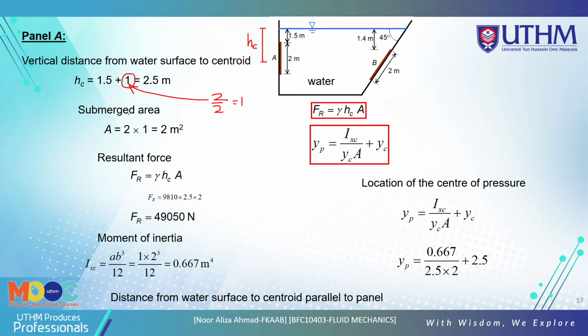The submerged area of this plane surface is 2 meter times 1 meter, so you get 2 meter squared.